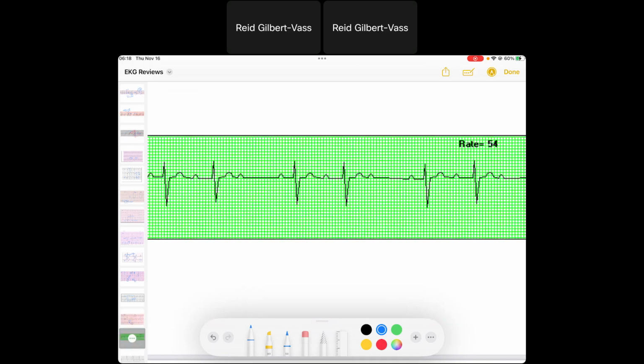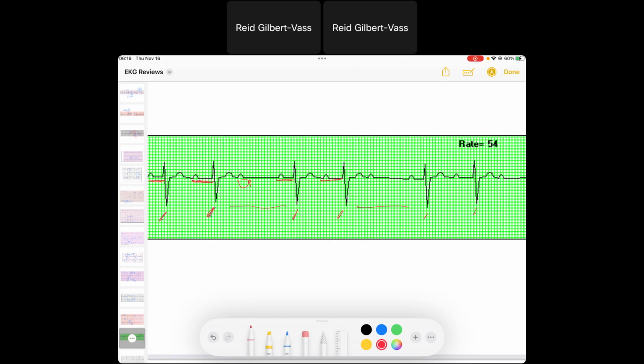So we have a rhythm strip here, and what we've got is QRS, QRS, and kind of a pause. QRS, QRS, kind of a pause. QRS, QRS. Maybe you would say this is group beating. So if we look at the groups, we've got P and then a QRS, P and then a QRS, but it's taking longer, and then a P with no QRS.